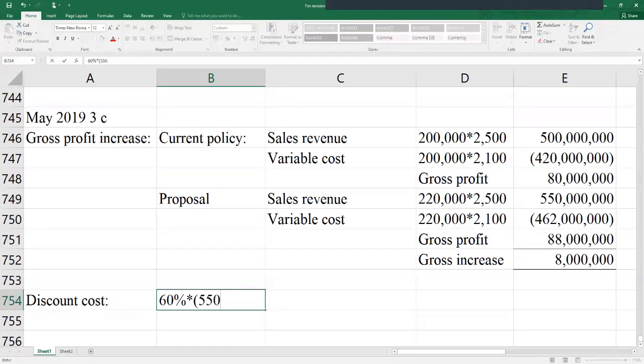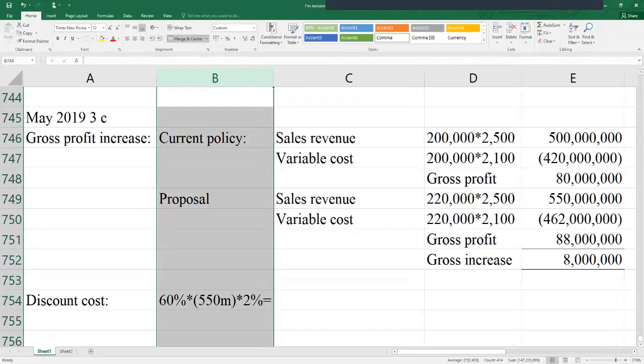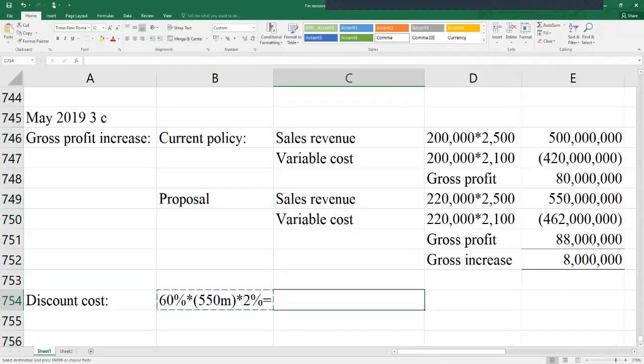We are not told whether they are on cash, so we assume all sales are on credit. Then you multiply by the discount offer of 2%. How much do you get for the discount cost you're giving your customers? 6.6 million.